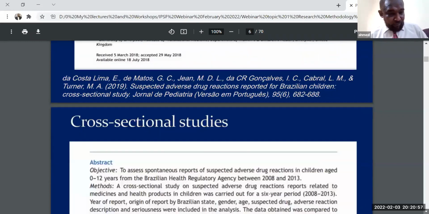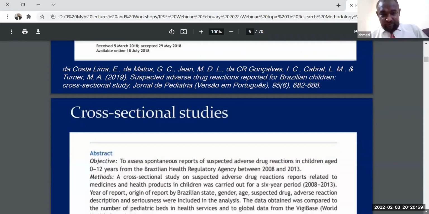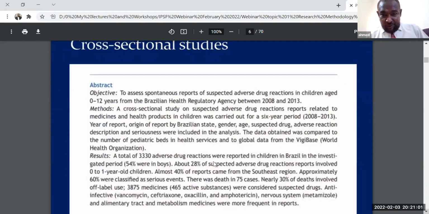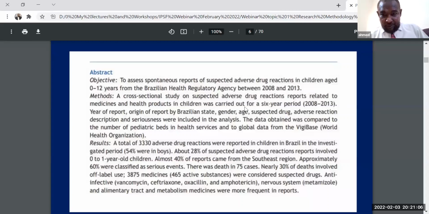Here, for example, in the abstract of the study, they say that the study was carried out for a 6-year period, 2008 till 2013, and this represents the period of data collection.